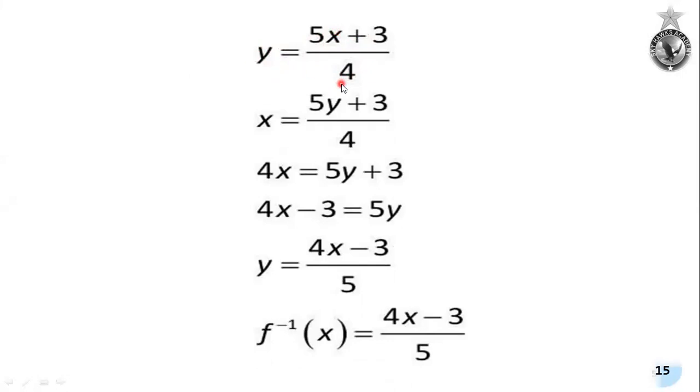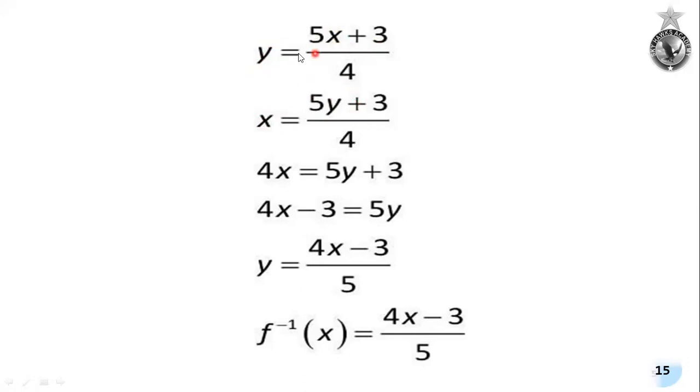Look at what we are doing. We are replacing y by x on the left hand side, and here x is replaced by y. The rest of the things are the same.